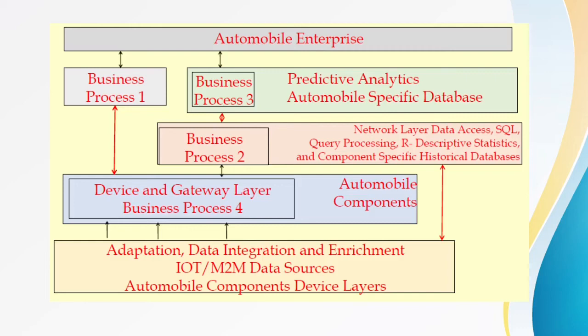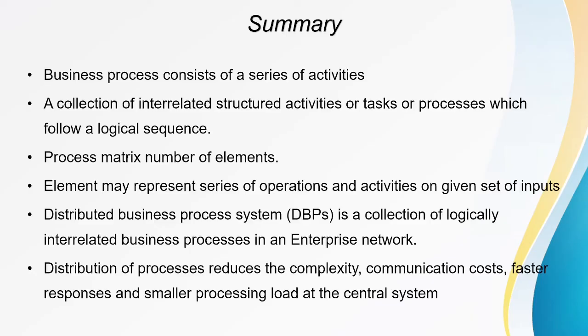So next is business intelligence. What do you mean by business intelligence? Okay, this is a summary of what we've done previously. Business process consists of a series of activities. Here, a collection of interrelated structured activities or tasks which follow a logical sequence. Each element may represent a series of operations and activities on a given set of inputs.